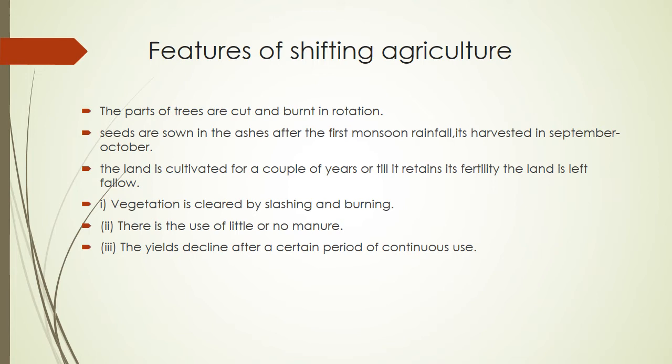There is the use of little or no manure; natural nutrients are obtained from burning. The yields decline after a certain period of continuous use, as the quality declines because of the continuity of production.